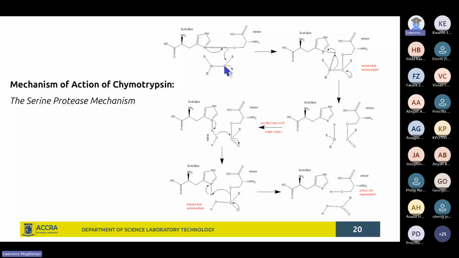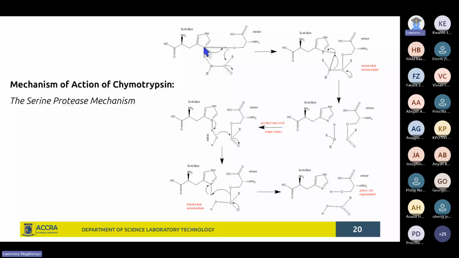Now, what do you see? In the first place, the hydrogen of the hydroxyl group of the serine is interacting with the nitrogen. Some sort of intermolecular interaction, which eventually is going to result in a proton transfer from the serine onto that nitrogen.